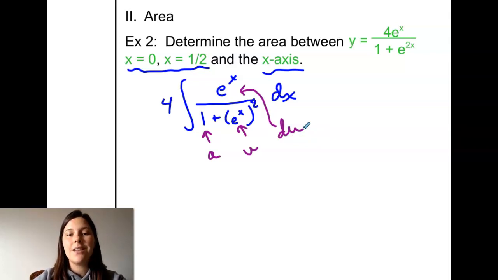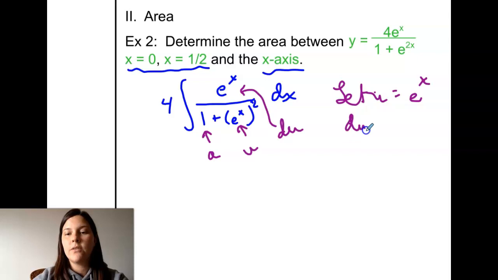If you're one that has a little bit harder time with the patterns, then we are going to say let u equal e to the x. The derivative of u is e to the x dx. So this is our numerator.